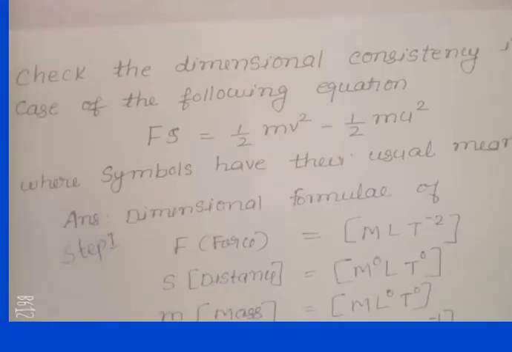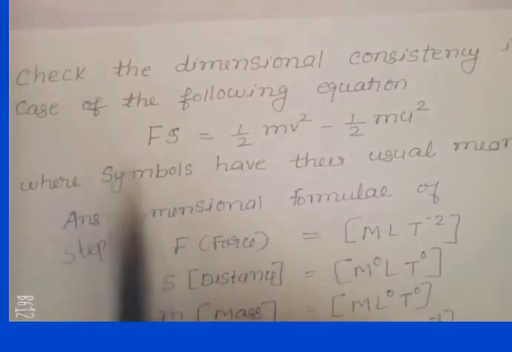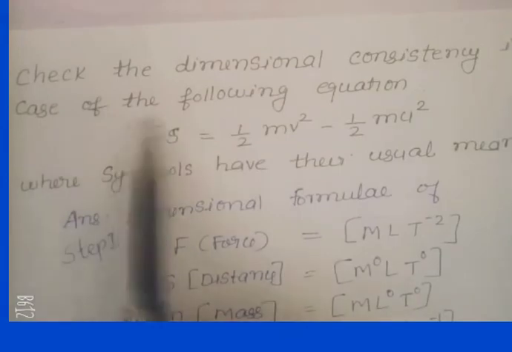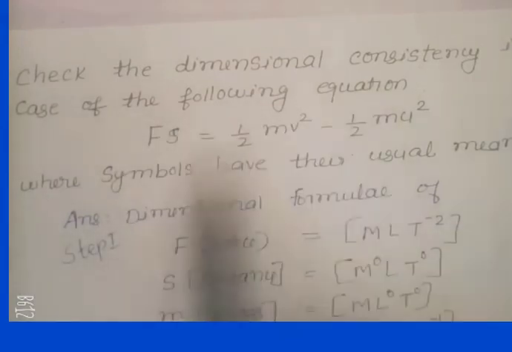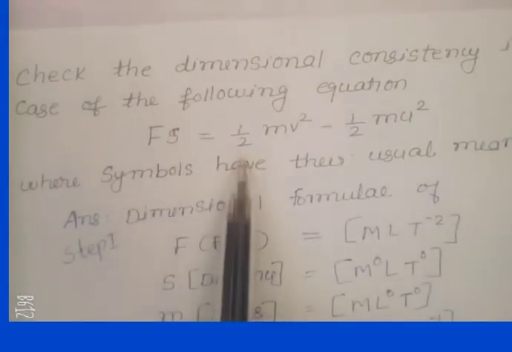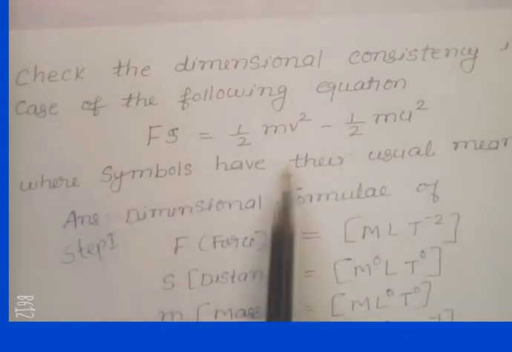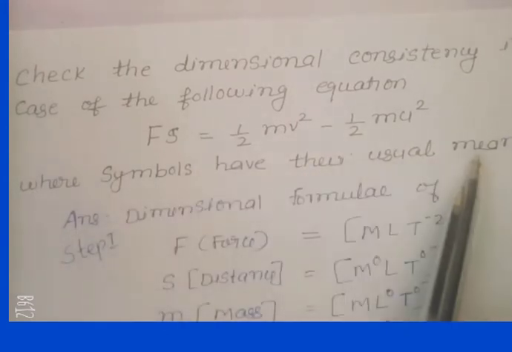Now we are going to discuss one example about dimensional consistency, the second use of dimensional analysis. The question is: check the dimensional consistency of the following equation. What is the equation? It is Fs = half mv square minus half mu square. Both symbols have their usual meanings.